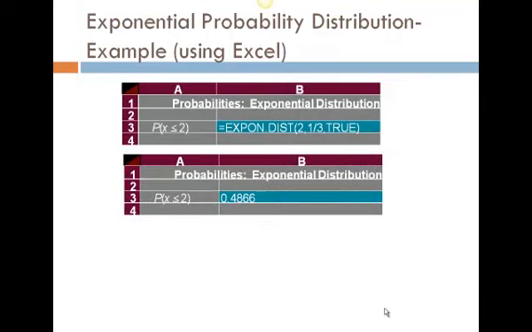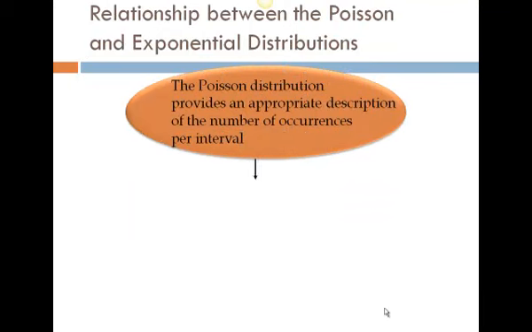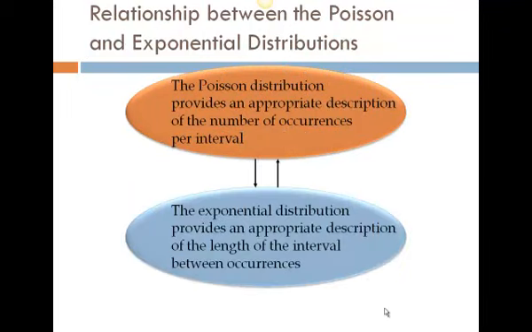I can do the same thing in Excel using the EXPONDIST function, where x is 2, 1 over mu is 1 over 3, comma, true. Why is it true? Because it's always true in this chapter. Now, an interesting relationship that we can note between Poisson and exponential distributions.